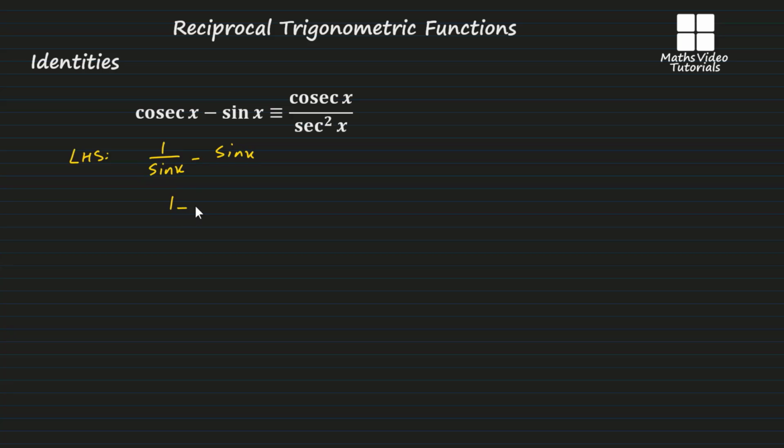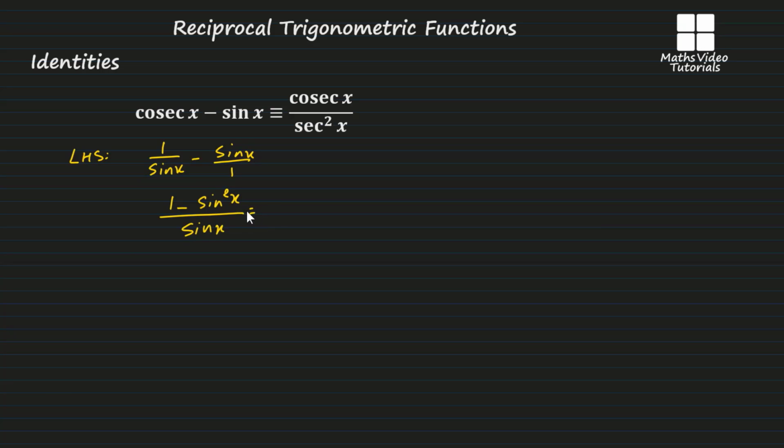So I'll have 1 minus sine squared x over sine x, because this is over 1, of course, so you times it by sine x to get the common denominator sine x. So you times this one by sine x, you get sine squared x. All right.